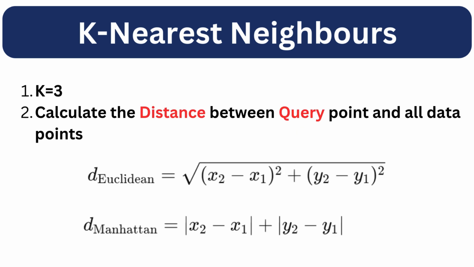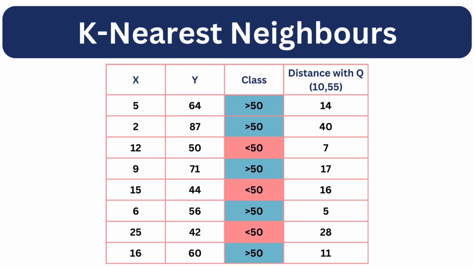We set k equal to 3, meaning we will look at the 3 nearest neighbors to classify the query point. The distance between the points is calculated using a distance metric. Two common metrics are Euclidean distance and Manhattan distance. In this example, we will use Manhattan distance. Here is a table representing the distance between the query point and all other data points.